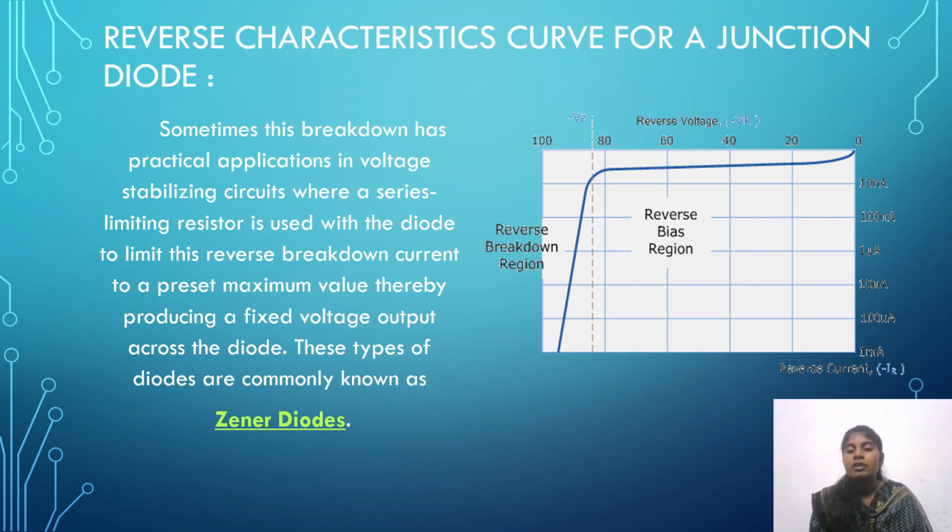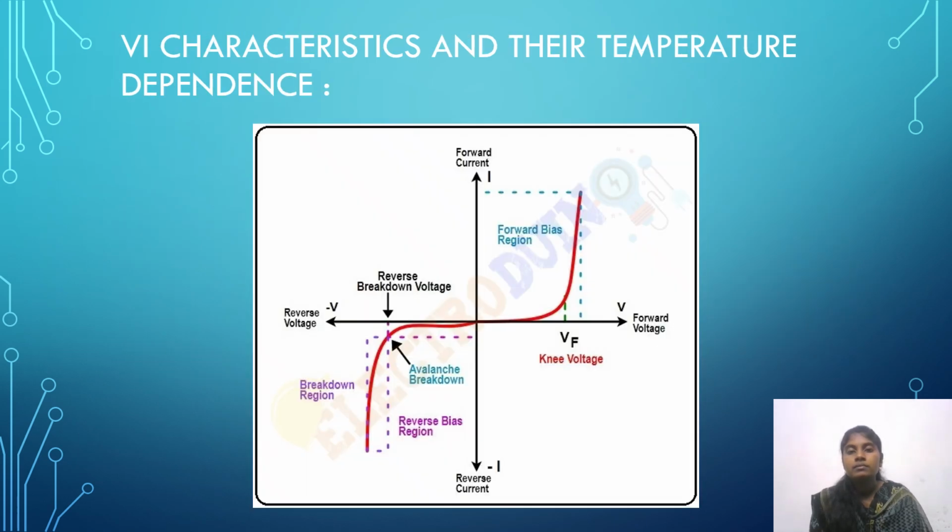These types of diodes are commonly known as Zener diodes. In this reverse voltage region, we have this diagram as shown in the figure.